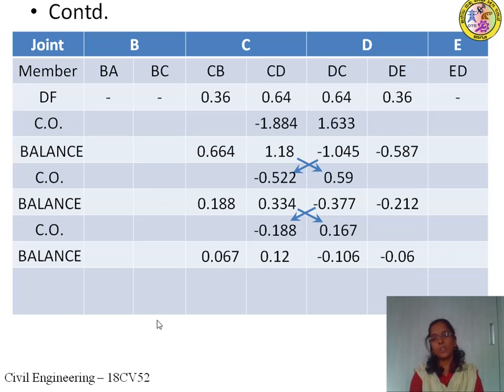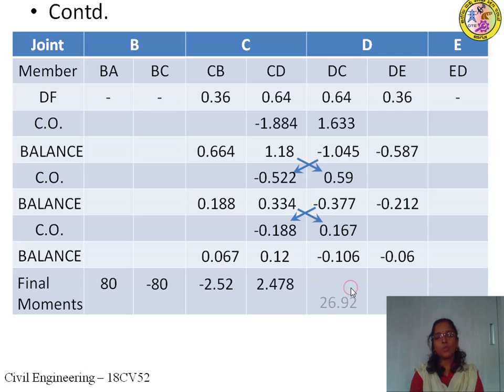Okay. So lastly we will find the final moments. Final moments are calculated by adding the values from the total under each column. So final moments, MBA is plus 80, MBC is minus 80, MCB is minus 2.52, MCD plus 2.5, MDC 26.92, MDE minus 26.9, and MED it is 0.